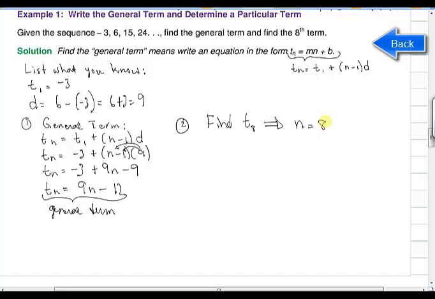So we're looking for the 8th term. We're going to use our general term for this specific sequence. Okay, so we write out our formula, t subscript n equals 9n minus 12. Now we've determined that because we want to find t subscript 8, that n is 8, so we can replace the n with the 8.